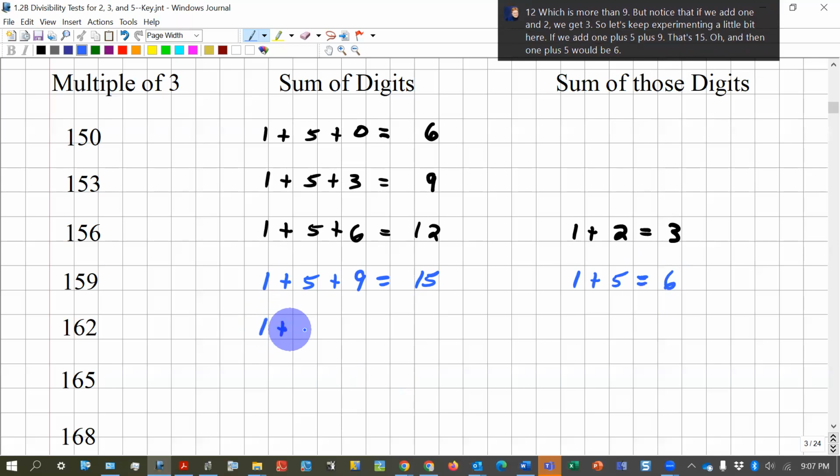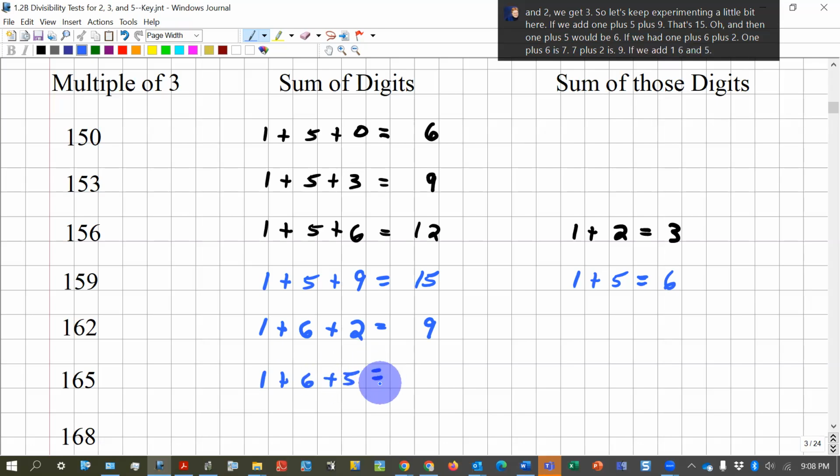If we add 1 plus 6 plus 2, well, 1 plus 6 is 7. 7 plus 2 is 9. If we add 1, 6, and 5, 7 plus 5 would be 12.